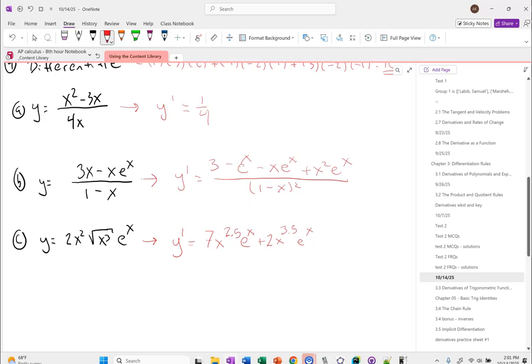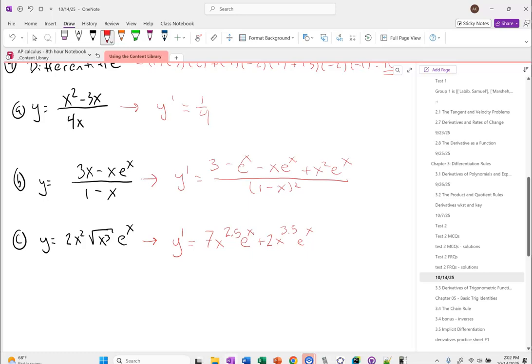I am positive A is 1/4. No, man, I don't need a quotient rule to do that. Because it's a monomial in the denominator. I just think about it, x squared over 4x, which is x over 4, minus 3x over 4x, which is 3/4.